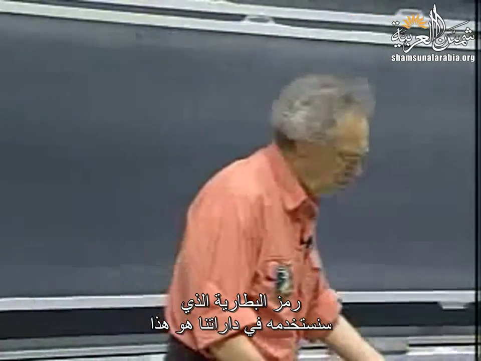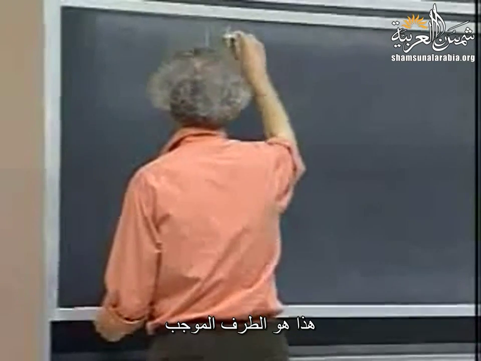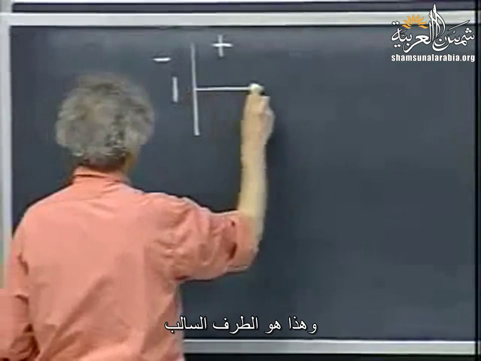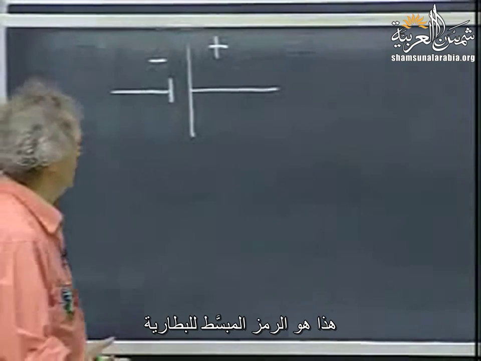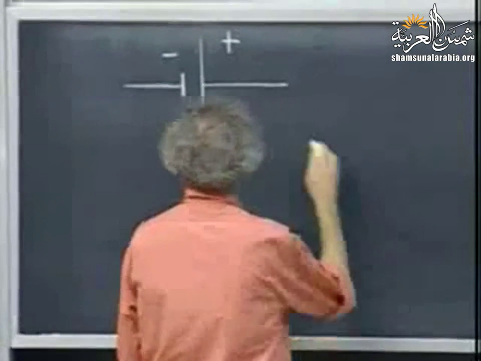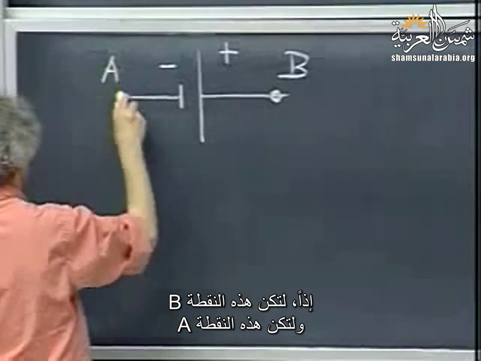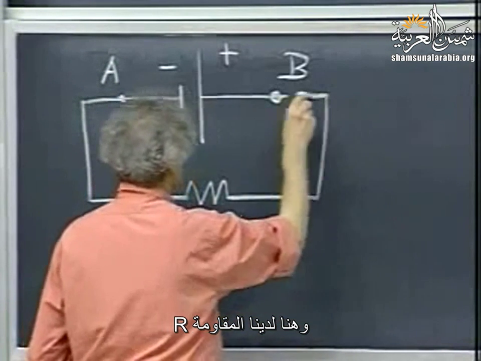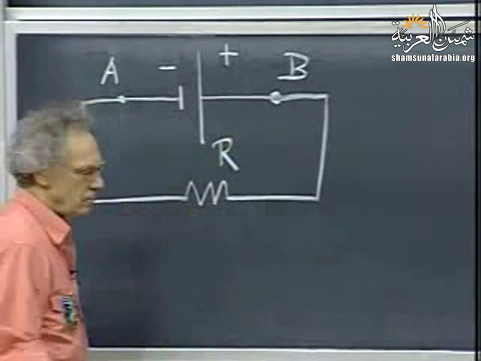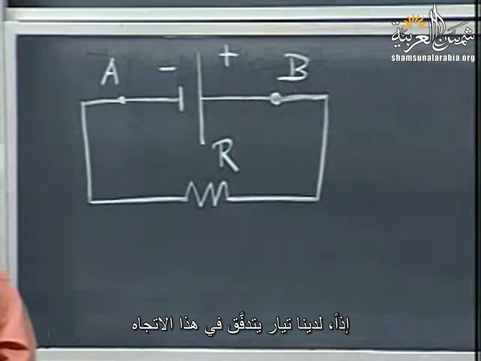The symbol for battery that we will be using in our circuits is this. This is the positive side, and this is the negative side. This is a symbol that symbolizes that we're dealing with a battery. So let this point be B, and let this point be A, and here we have a resistor R. So we have a current going.